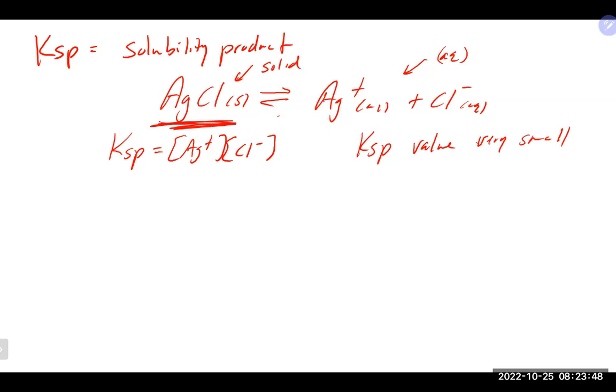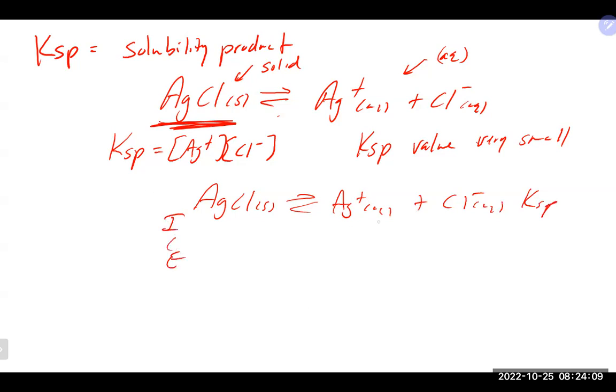There's really two types of KSP problems that we talked about. One where you, for example, are given the KSP value. For that, you would do an ice table like we talked about. These ice tables are a little bit different in that we typically use a different letter.